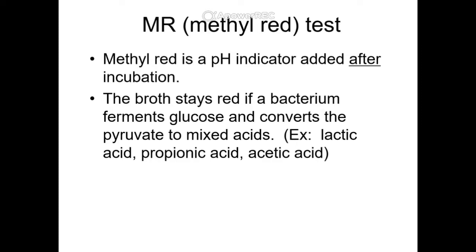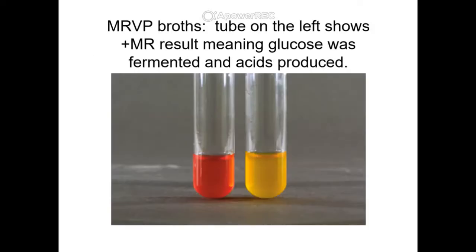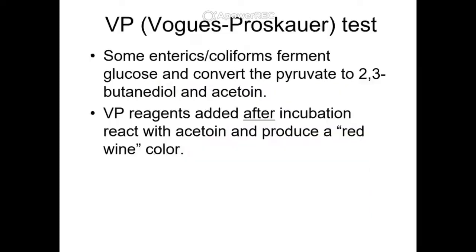For example, lactic acid, propionic acid, or acetic acid. And here is an example of those results. The tube on the left shows a positive MR result, meaning glucose was fermented and acids were produced.